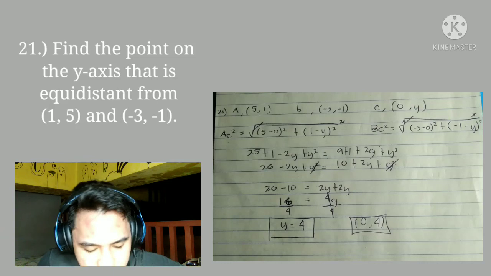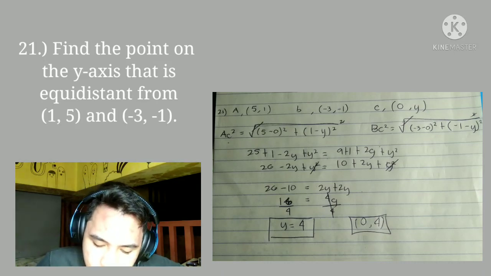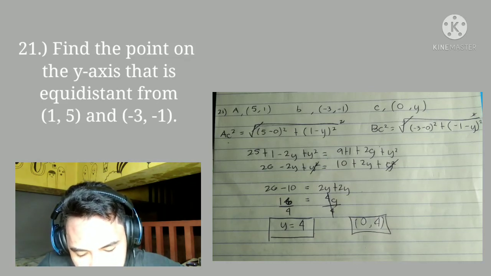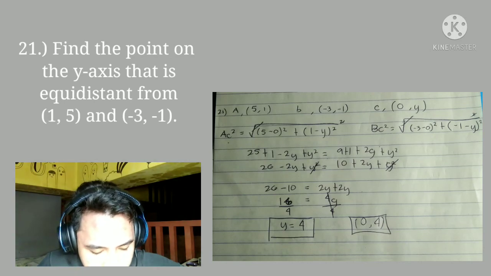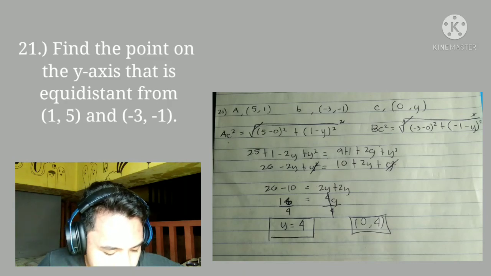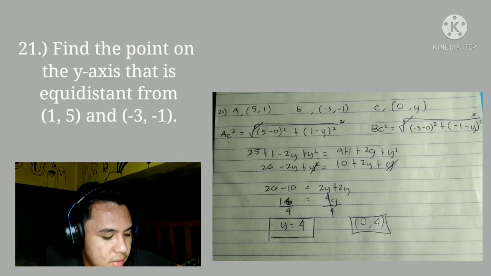Then next, bc squared equals, again, the square root of (negative 3 minus 0) squared plus (negative 1 minus y) squared. We can cancel out our square root, so we will get 9 plus 1 plus 2y plus y squared. If we combine 25 plus 1, we will get 26.